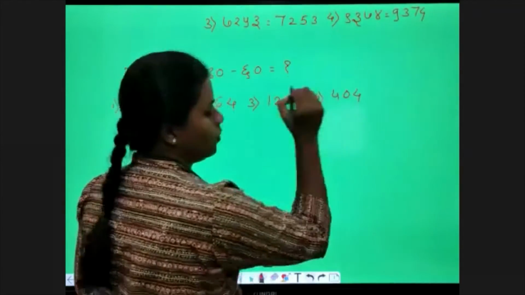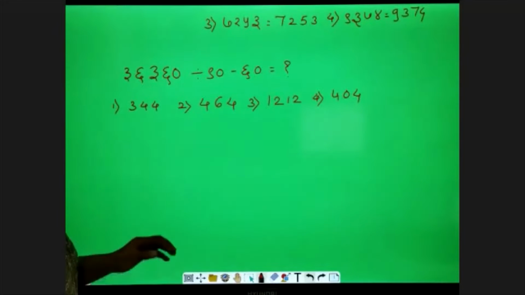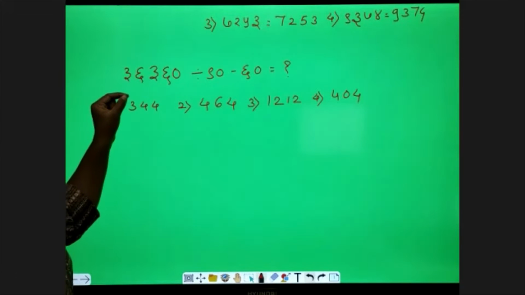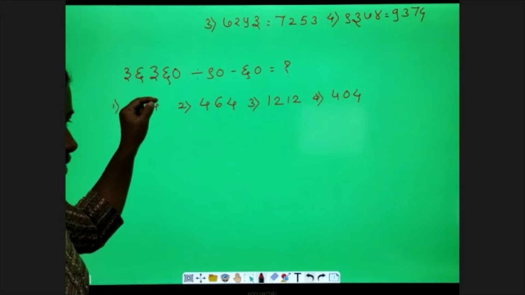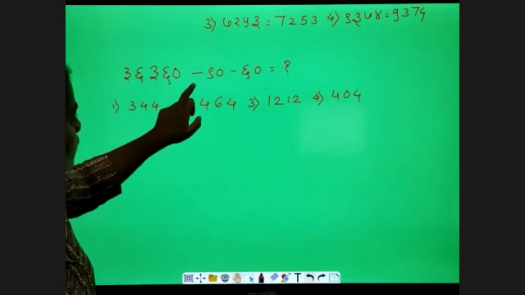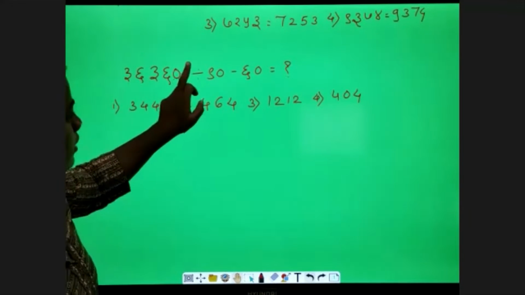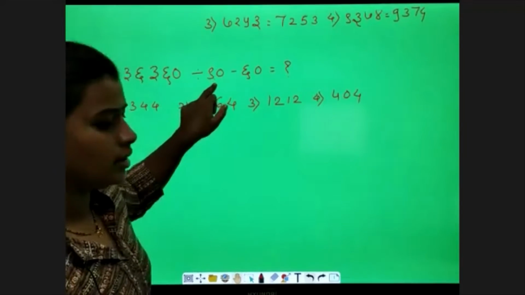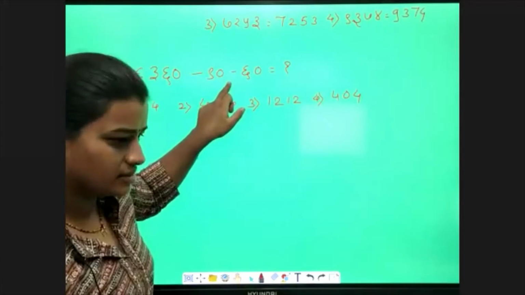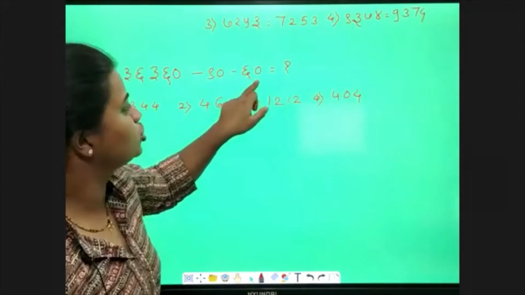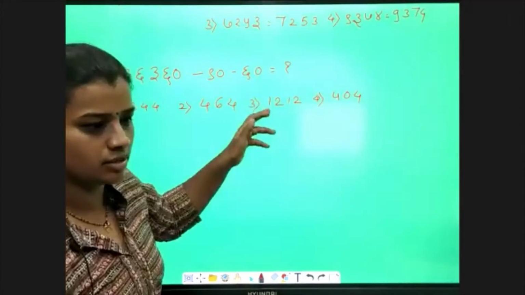Now, see what the question is: 3, 6, 3, 6, 0. This symbol is of division. Again in Devanagari, 90 minus 60. It's 60.